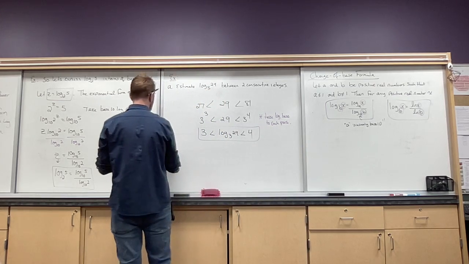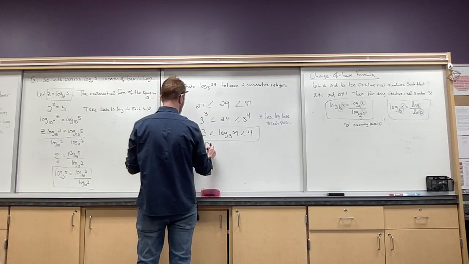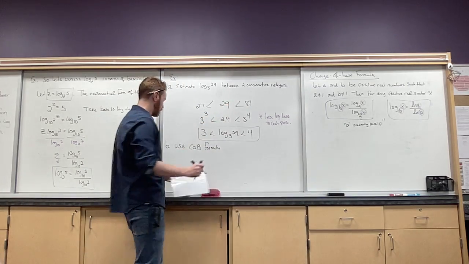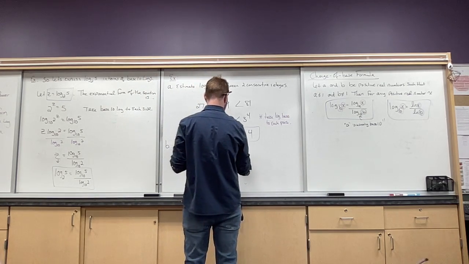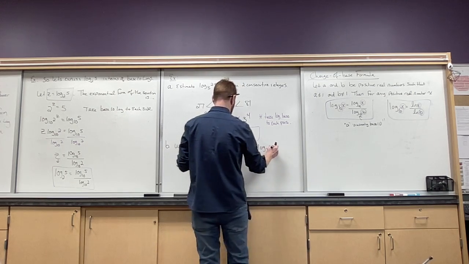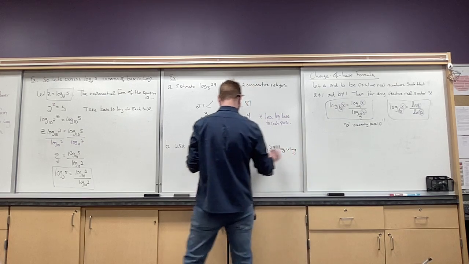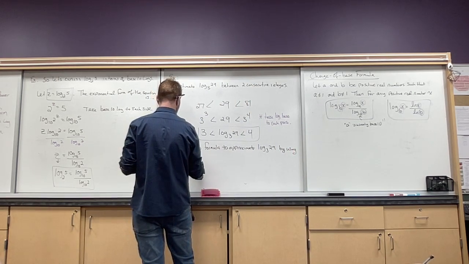Okay, so part B says this. Use the Cobb formula. I abbreviated. Change of base. We're going to call it Cobb. Cobb formula to approximate log base 3 of 29 by using base 10 and e.